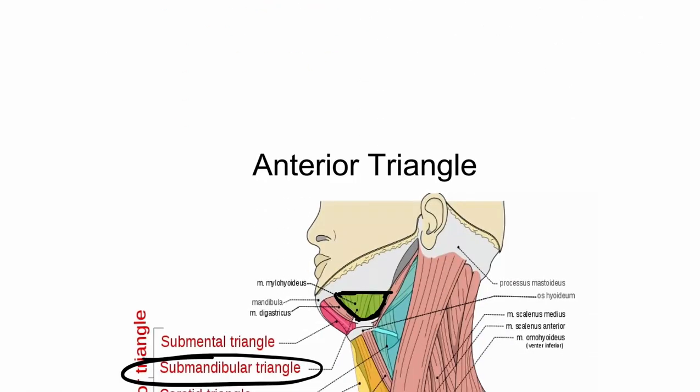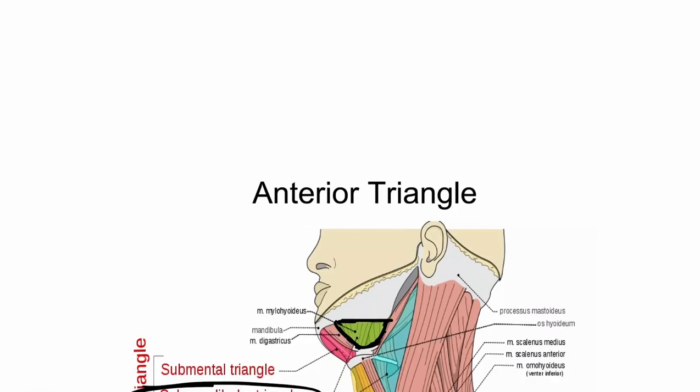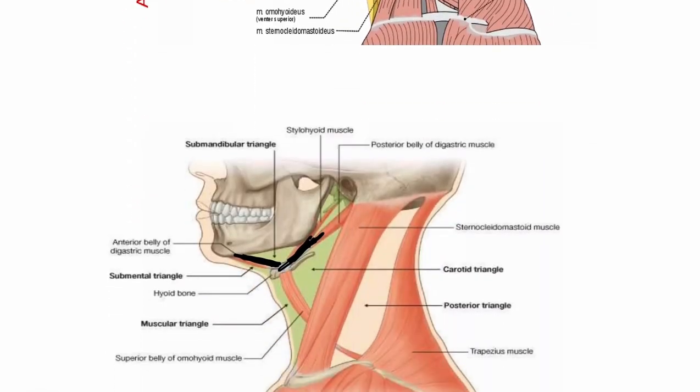With this black color line once again I will outline this posterior inferior boundary. It is formed by the posterior belly of the digastric and the stylohyoid muscle, and superiorly or base it is formed by the base of the mandible.